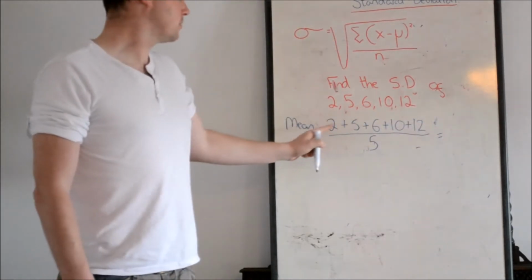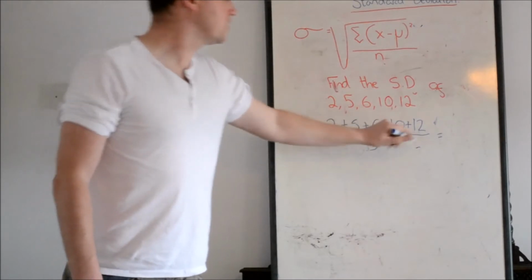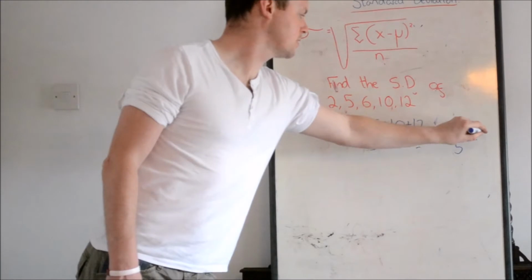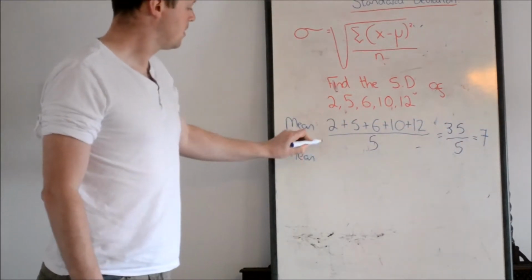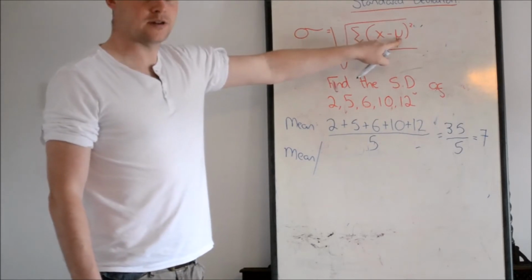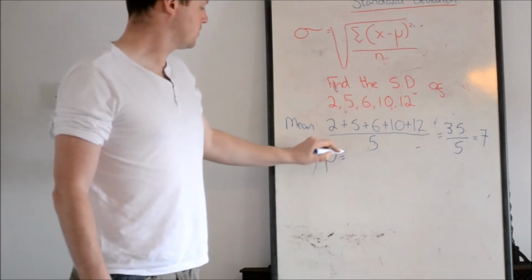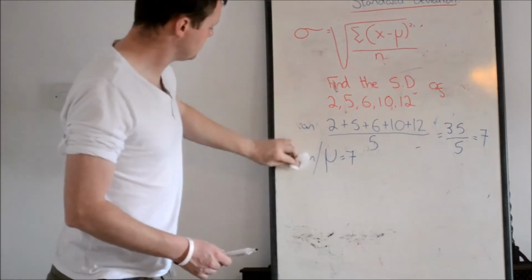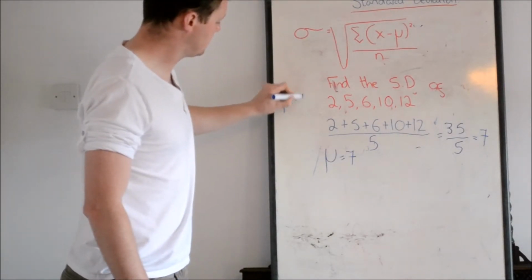We add up these, so 2 and 5, 7 and 6, 13, 23, 35 all over 5, which gives us 7. Great, so we have a mean, which we'll denote as this symbol here, equals 7. So we have our mean, okay, fair enough. So I'm just going to write it up here. The mean is 7.